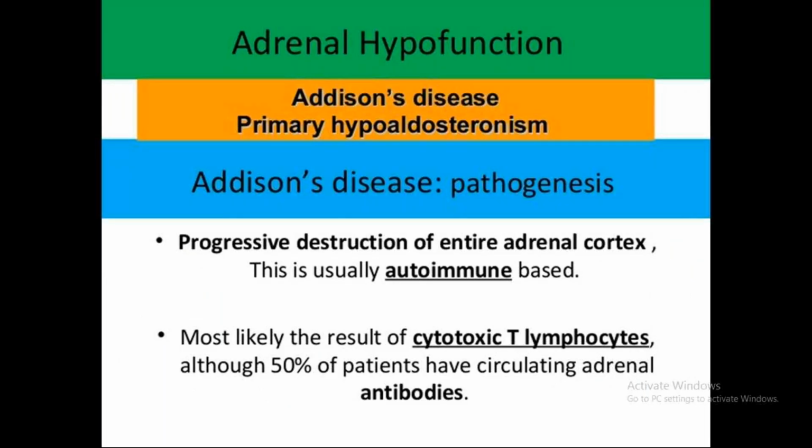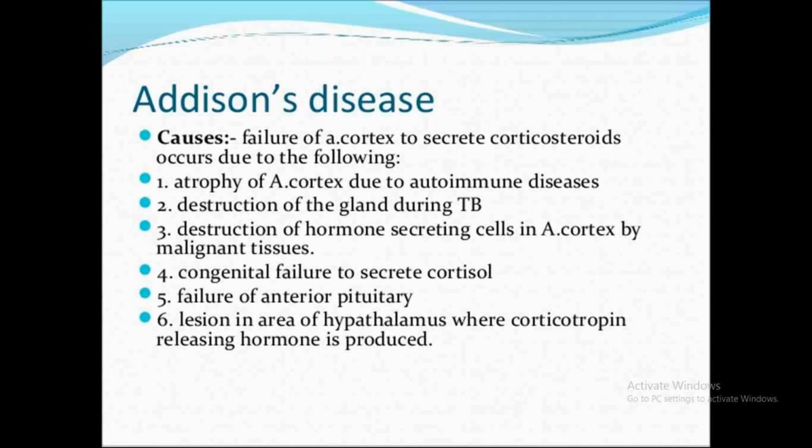Here there is progressive destruction of the entire adrenal cortex, mainly due to autoimmune disease, most likely the result of cytotoxic T lymphocytes, and 50% of patients have circulating adrenal antibodies. So we can make out Addison's disease because of this.